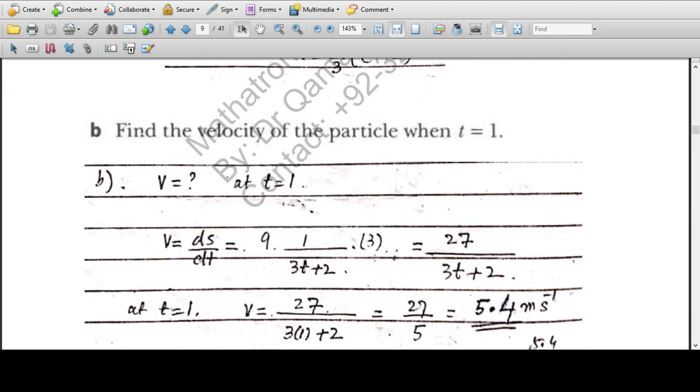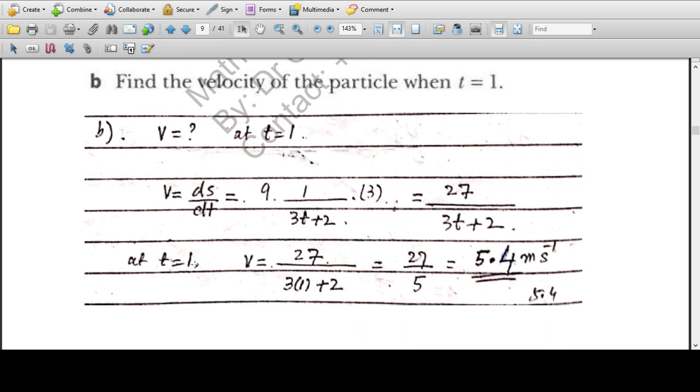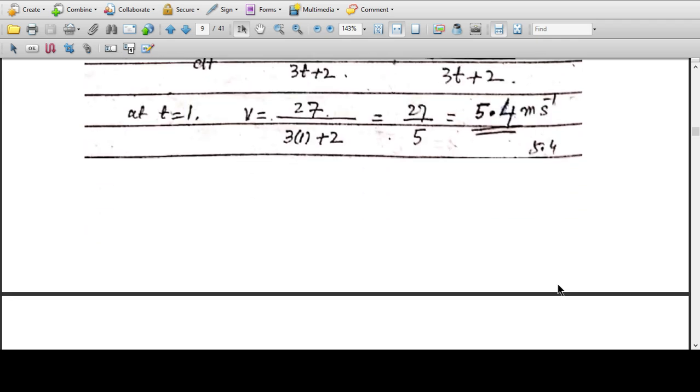So it becomes 27 upon 3t plus 2, and at t equal to 1, the velocity is obtained as 5.4 meters per second.